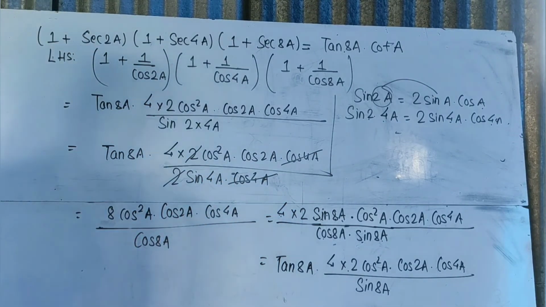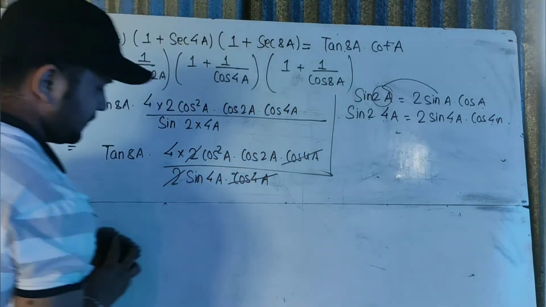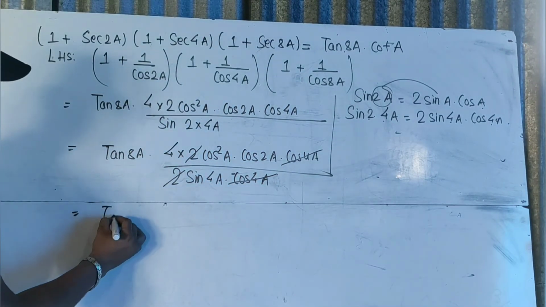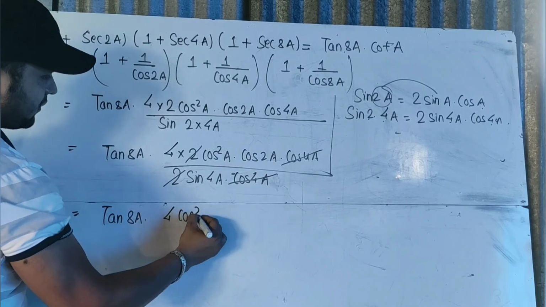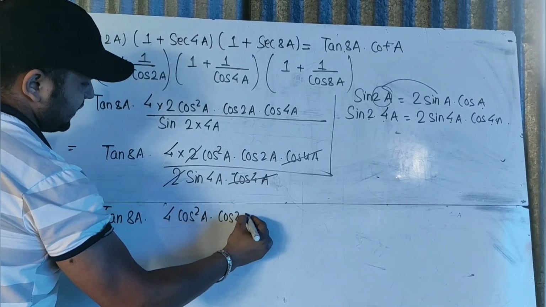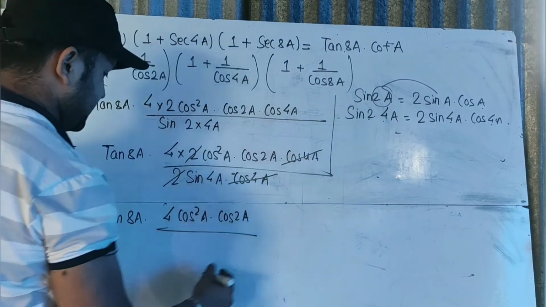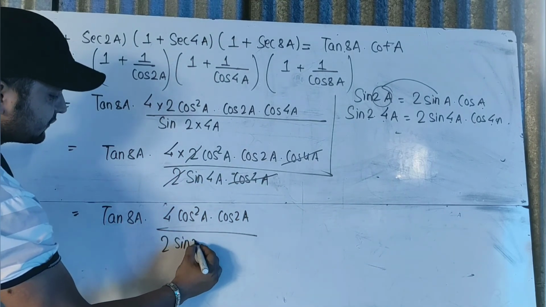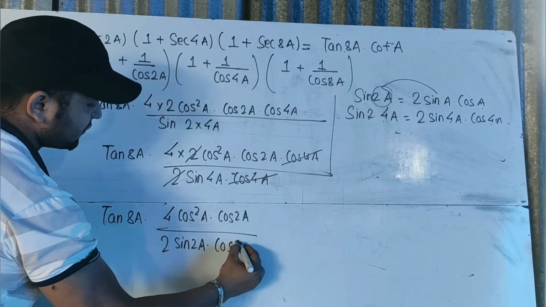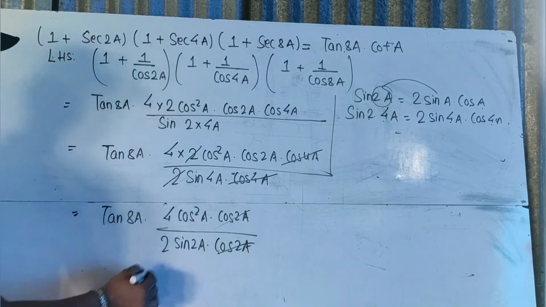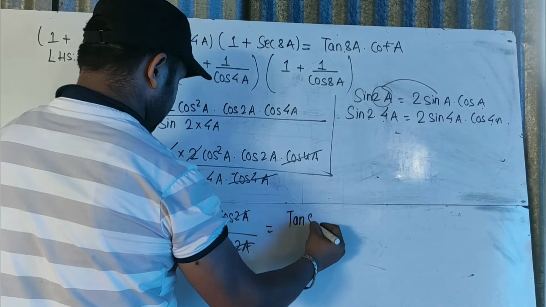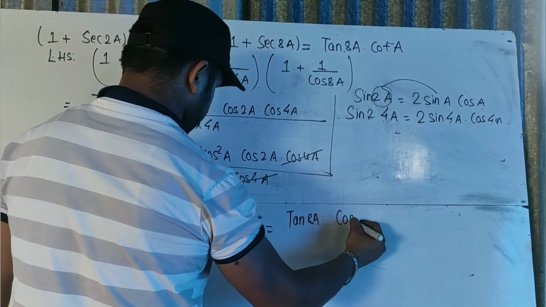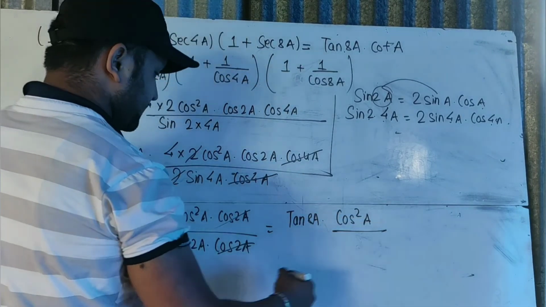Now what we have left is tan 8a as it is. We have 4 cos square a dot cos 2a. We have sin 4a. Now in a similar manner you can get 2 sin 2a cos 2a. Again this and this get cancelled. 2 ones are 2, 2s are 4. Now what is left here is tan 8a into cos square a by sin 2a.